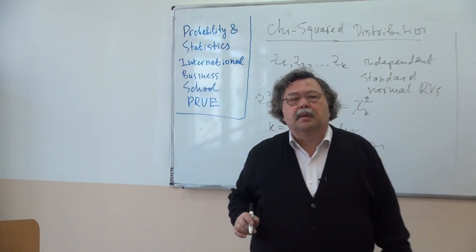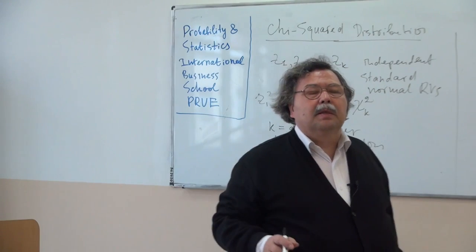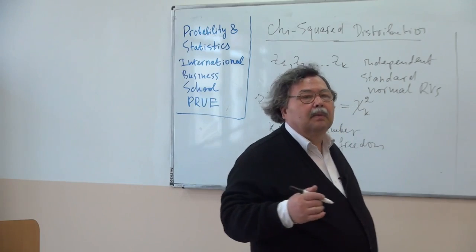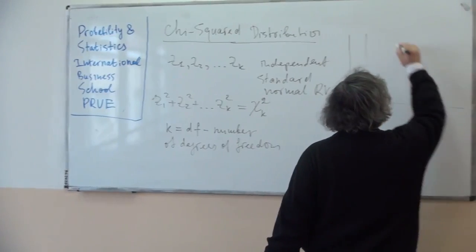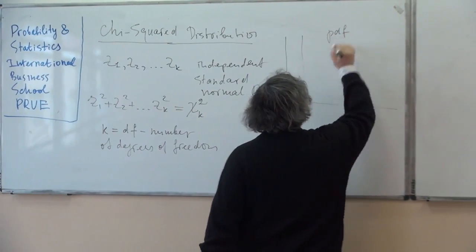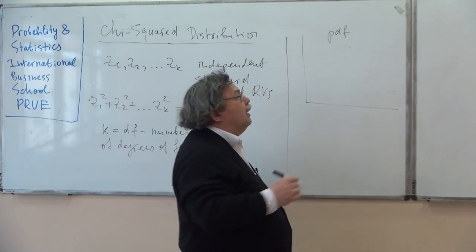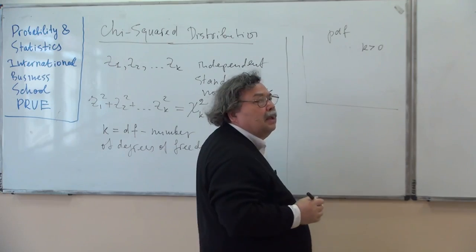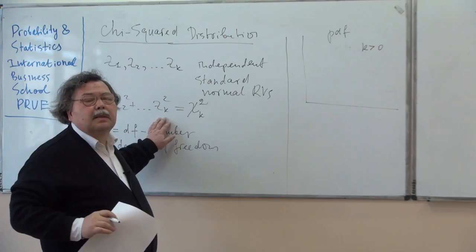I think last time I cited the equation for the PDF function. Let's not repeat it here, but I'd like to draw your attention to the graph. What does this PDF function look like? It's not just one distribution.